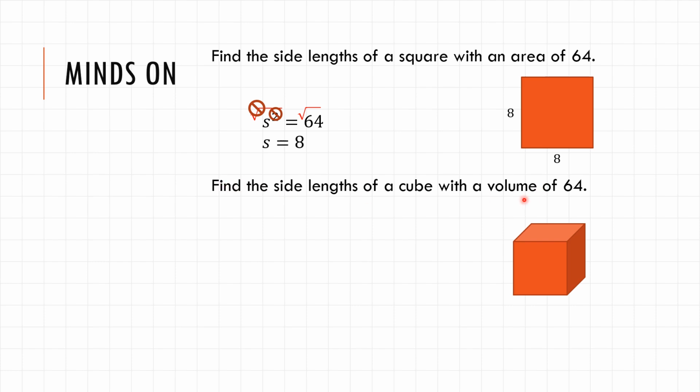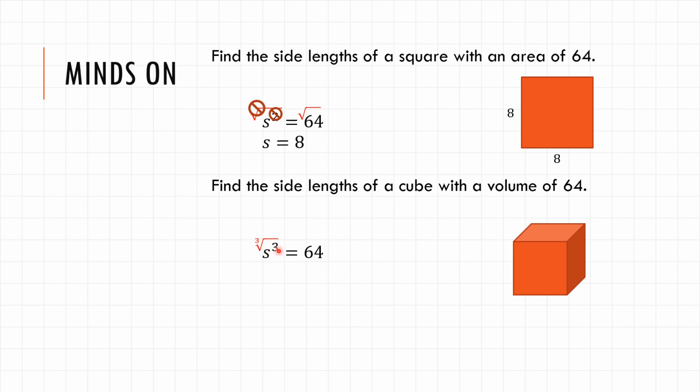What if it was a cube that has a volume of 64? Well, the volume is all the space on the inside, and the way we calculate volume is length times width times height. But if they're all the same, they're all s, so this would be s times s times s, which is s cubed. If I take the cube root now of s, in other words, this is asking what number times itself 3 times gives us this.